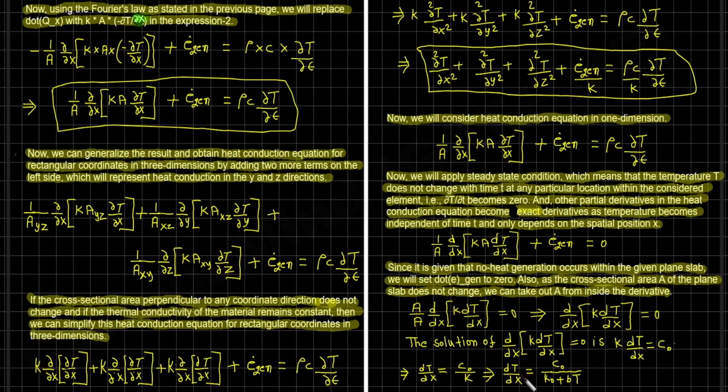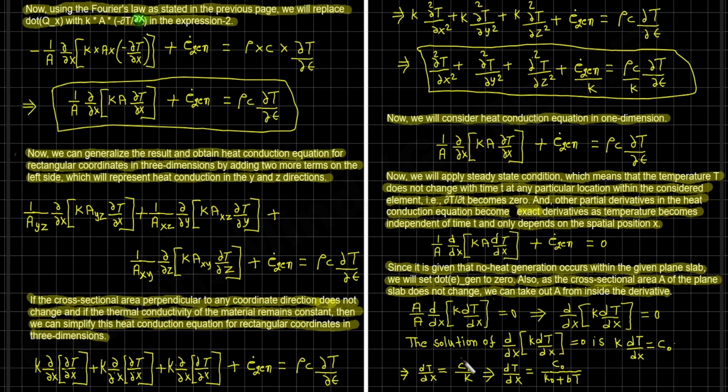After plugging in the expression of thermal conductivity k, we get this expression. And from this expression we can see that, since the question asks whether this temperature gradient remains constant, increases or decreases as x increases.